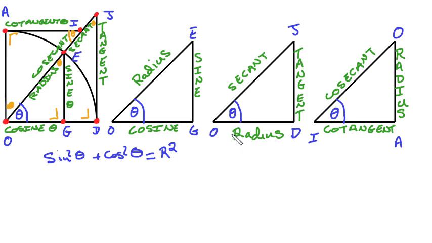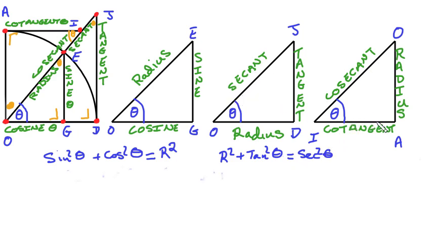And we also can see here that the radius squared plus tan squared theta, where tan is short for tangent, is equal to sec squared theta. And again, this is just short for secant.